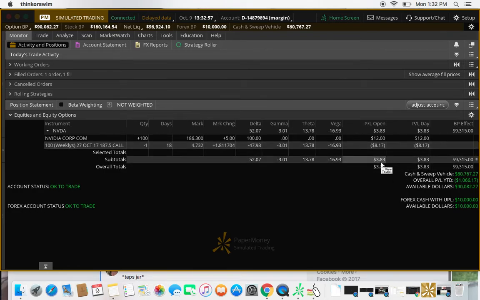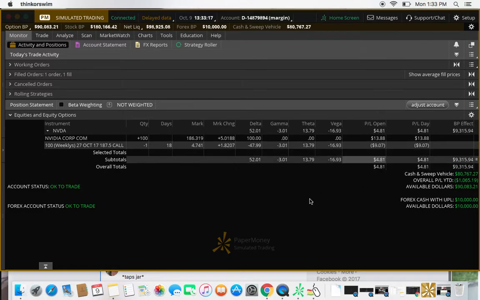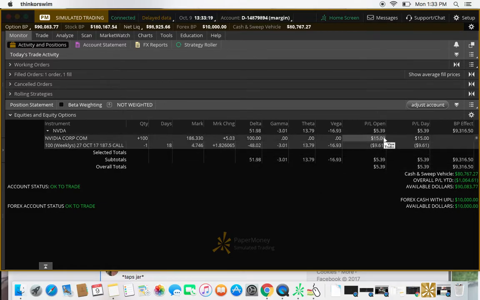And down here is the total profit. Yeah, this is the overall total. So if you have multiple positions, this would be for all the positions in your account. Right now, it matches the P&L open right here because you only have one position. If I had other positions, this number would be different, but these would be the same.